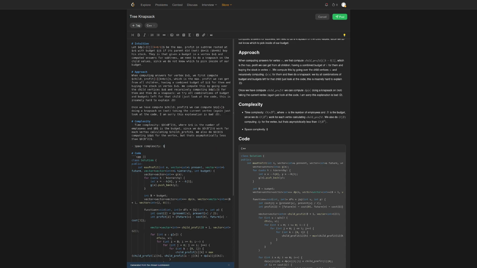Space complexity is n times b for the DP table.